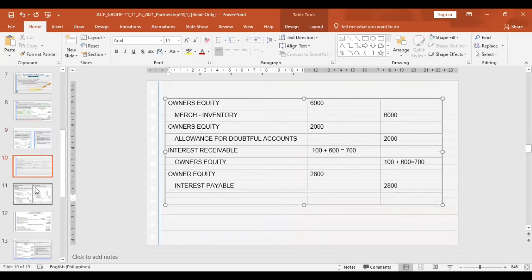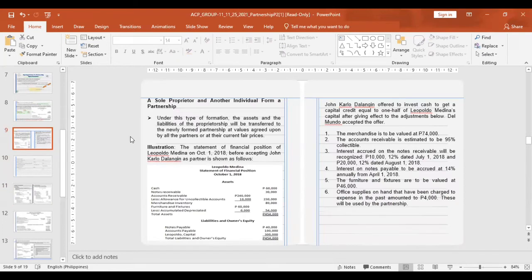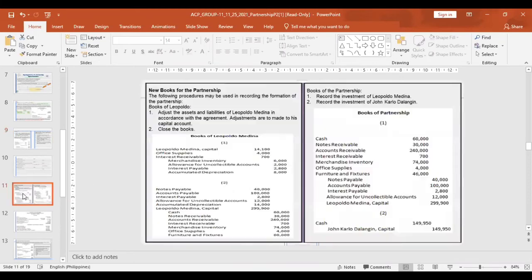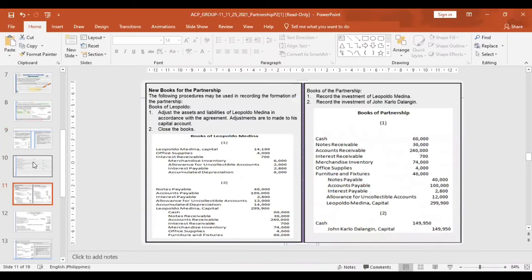So, next entry natin. The furniture and fixtures are to be valued at 46,000. So, yung furniture mo ay 60,000 siya, pero may 6,000 na parang depreciation. So, 54 na lang siya. Pero i-value siya 46. So, bumaba siya ng 8,000. Ayun.